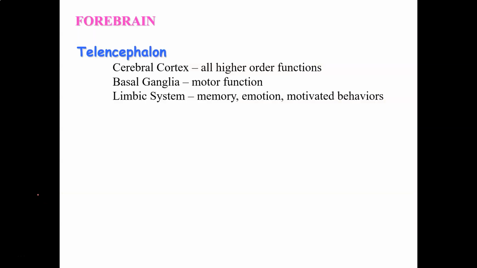So in the forebrain, we have the telencephalon and the diencephalon. We're going to focus on the telencephalon first, the topmost or anterior or rostralmost structure in the brain. The telencephalon includes the cerebral cortex, the basal ganglia, and the limbic system. And we'll talk more about these structures in 1 second.